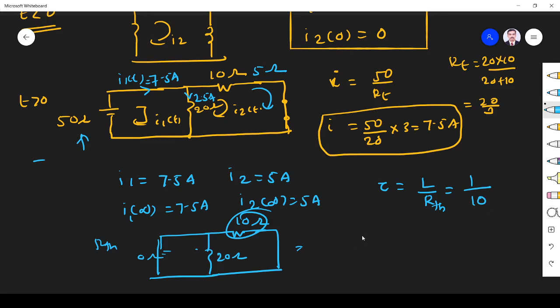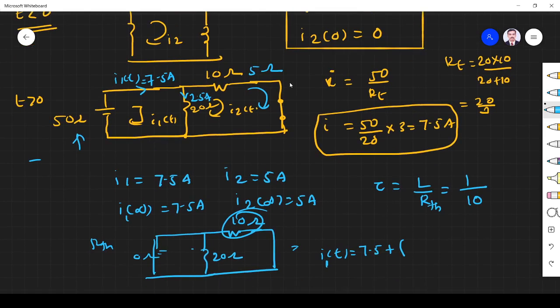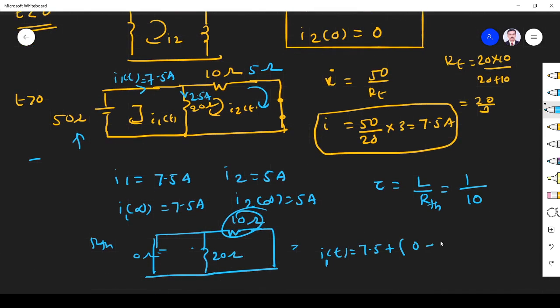So now I of t is nothing but I0. First I find I1 of t. I1 infinity is 7.5 plus I0 minus I infinity. I0, I of 0 we found, that is 0, minus I infinity, again 7.5, e power minus L by R, that is 10t. So I1 of t is 7.5 into 1 minus e power minus 10t.